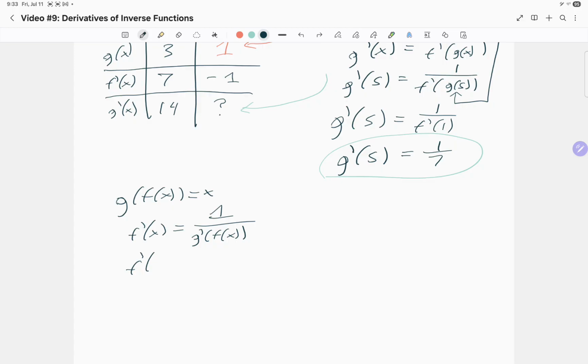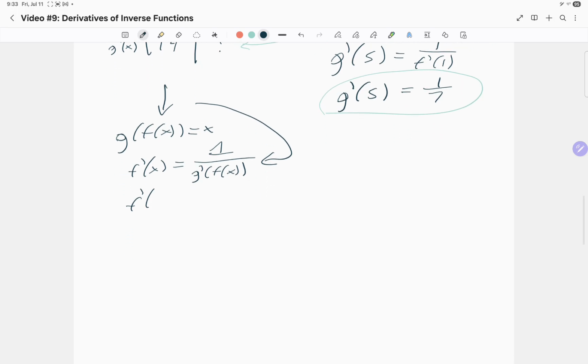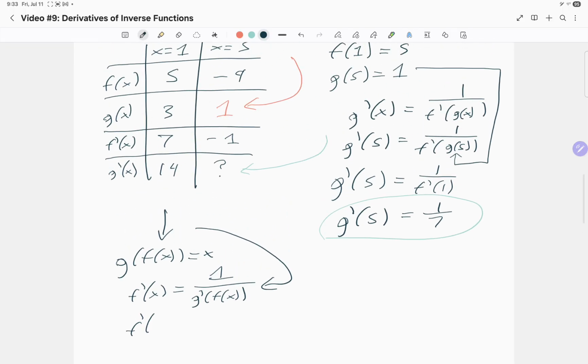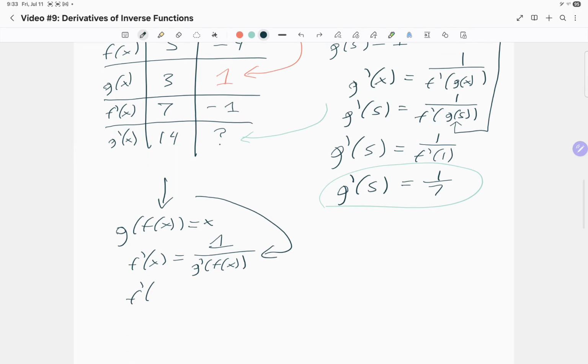So we can start with this instead and get a very similar looking equation for our derivation up at top. So if we wanted to find g prime of 5, when is f of x equal to 5? At x equals 1. So we would have f prime of 1 equals 1 over g prime of 5, because f of 1 equals 5.